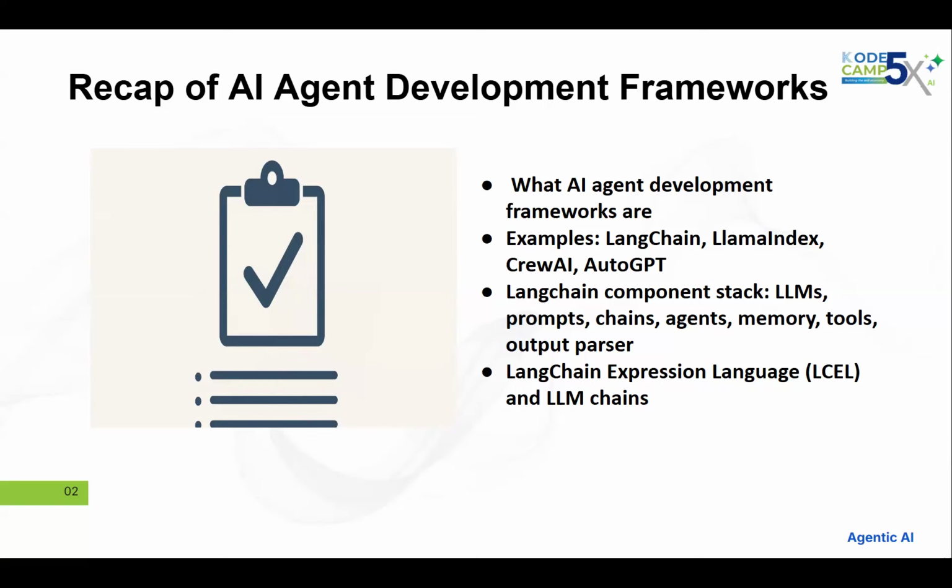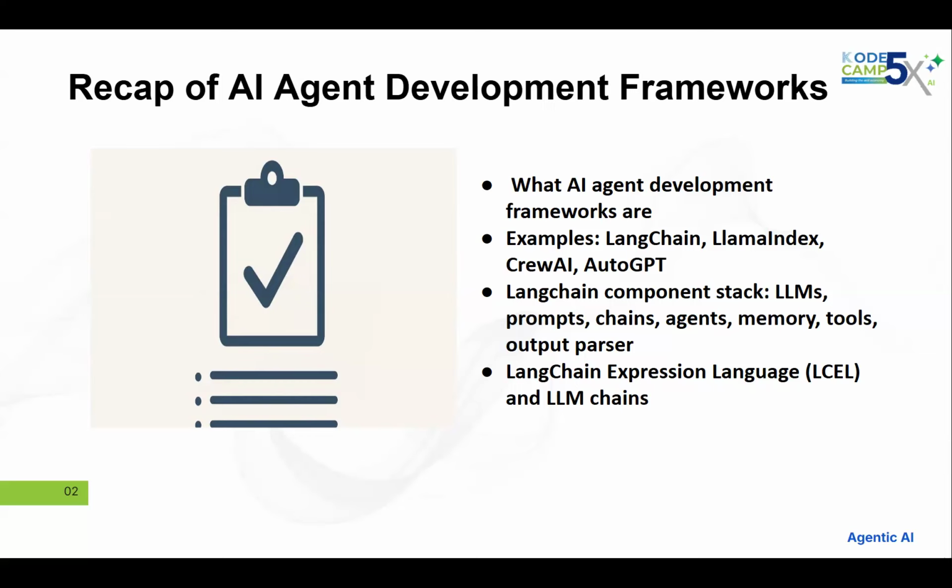So I think then we proceeded to also speak about the examples of the agent frameworks.